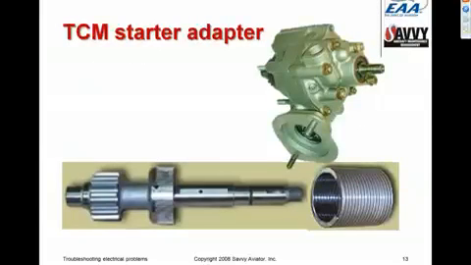Again, this is a picture of a TCM starter adapter to show that kind of weird clutch arrangement. The TCM starter adapter uses a part called a shaft gear, that thing on the left, which is geared to the crankshaft and has a knurled drum, and it has a big spring that has a very close tolerance fit on the outside of the drum.